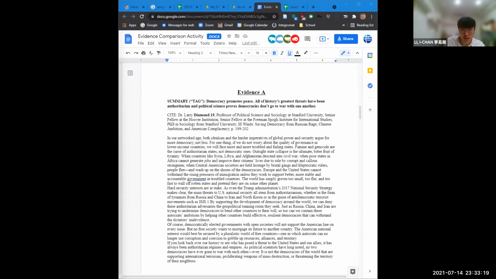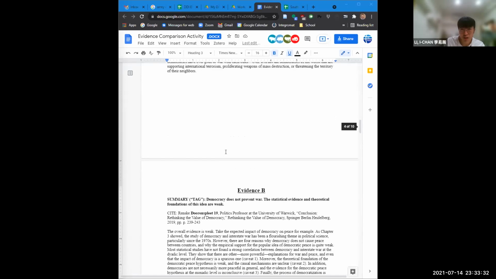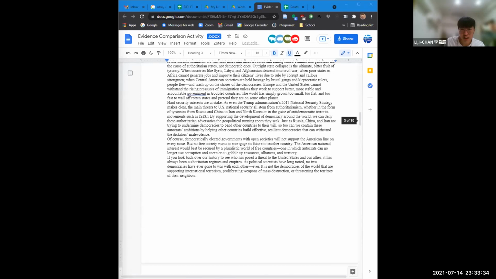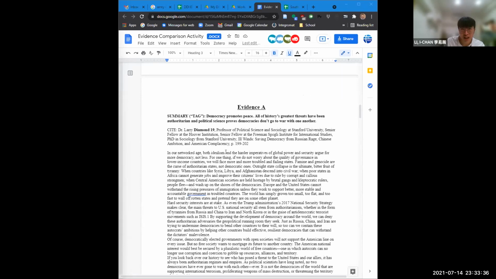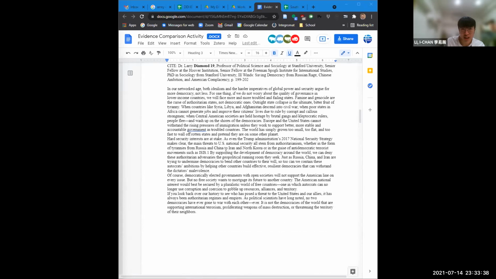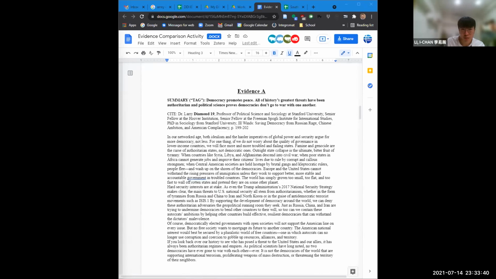Also, the author, Larry Diamond, was the founding director of the National Endowment for Democracy, which is a U.S. government agency that was founded in 1983, and he also got a lot of awards for his contribution to democracy research.